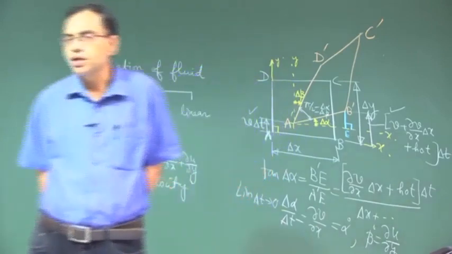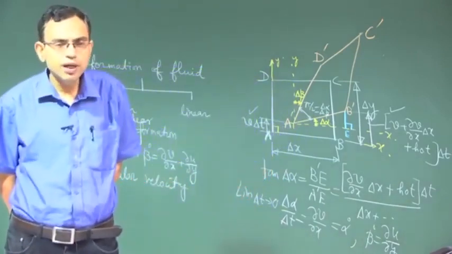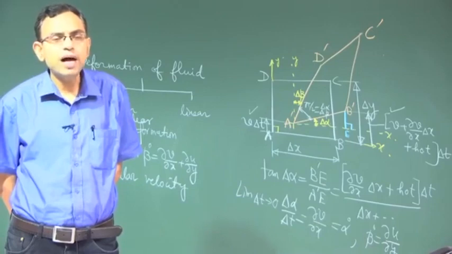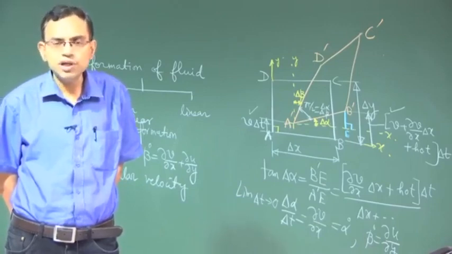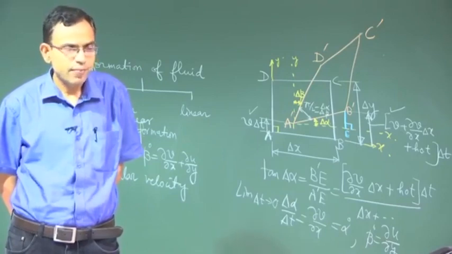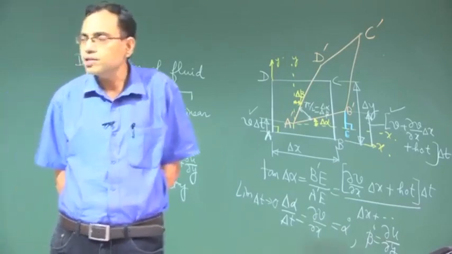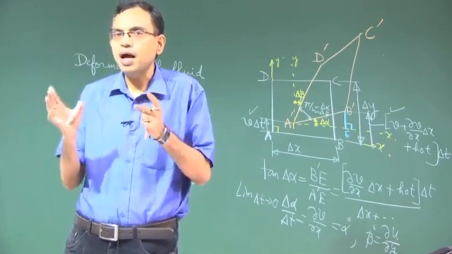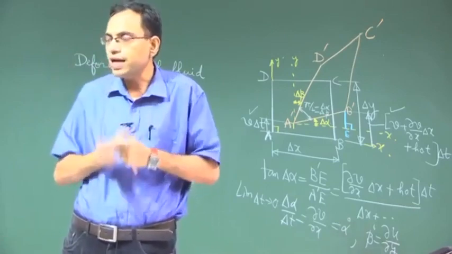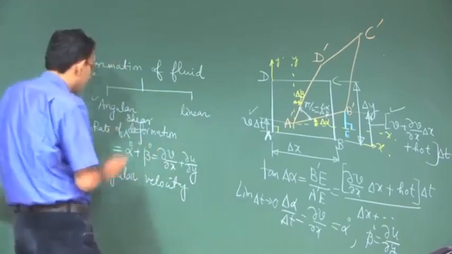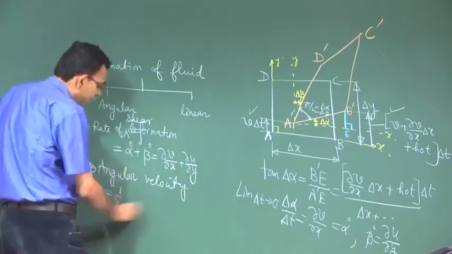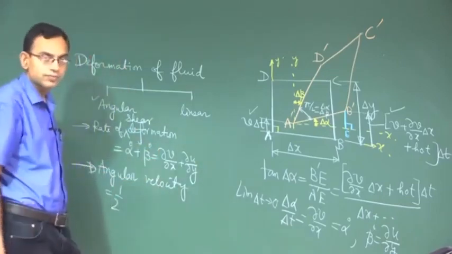So different line elements of the fluid are rotating or having angular motion in different ways. So the angular velocity has to be defined by some artificial definition, and that definition is again the average of the angular velocity of two line elements that were originally perpendicular.